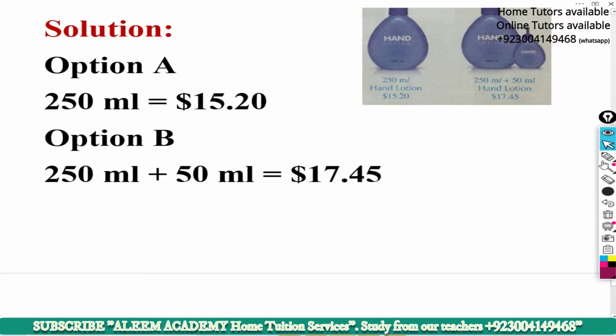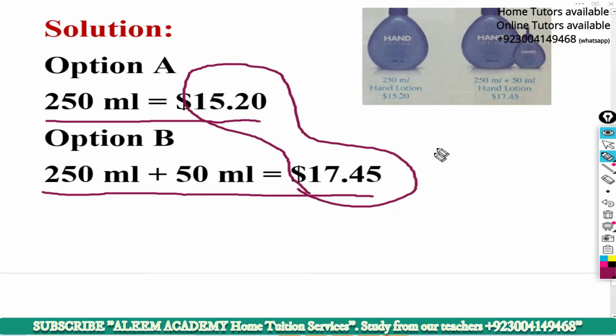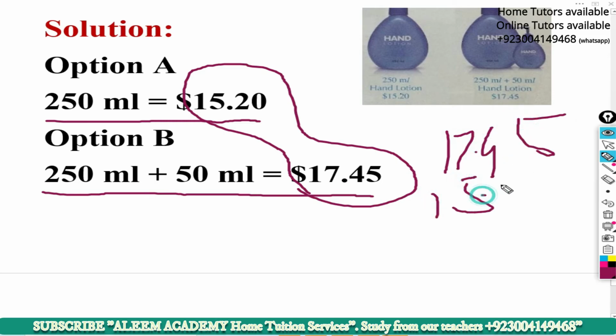Okay, so see what is happening here. 250 ml you are getting in $15.20, and 250 plus 50 you are getting in $17.45. What is the difference in these two? 17.45 and 15.20.